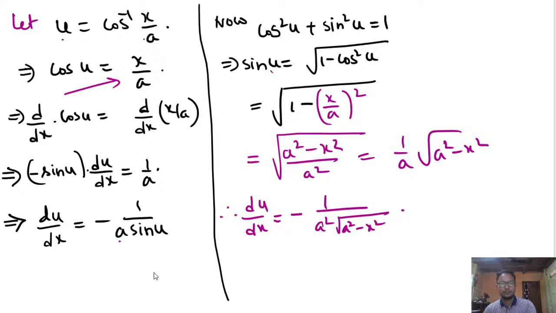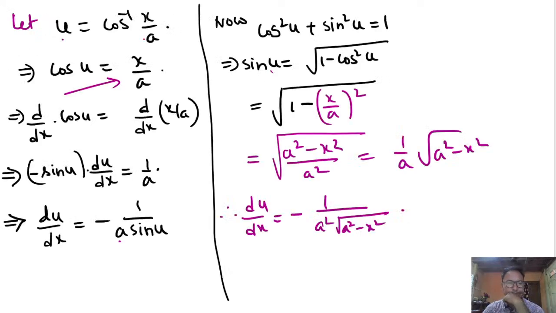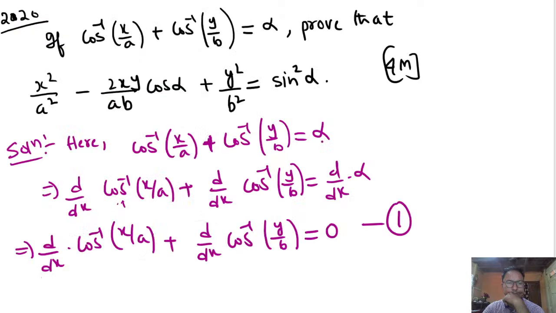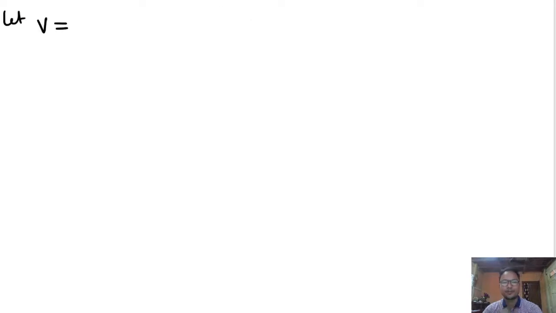Okay. Now let's move to the other part. Let v be cos inverse y by b, so cos v is equal to y by b.